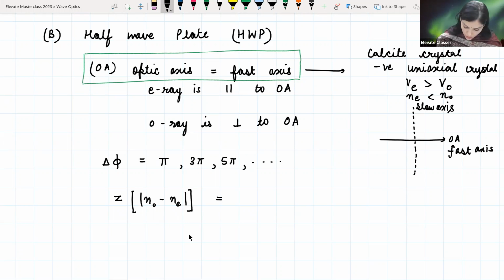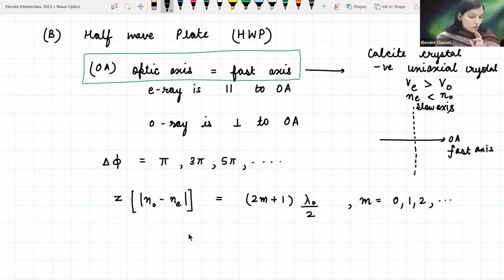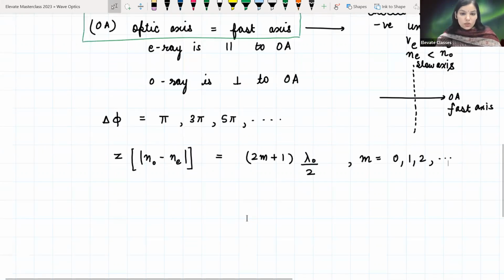So this should be equal to (2m plus 1) lambda naught by 2, where m can be 0, 1, 2, and so on. Okay, so this is telling you the path difference.